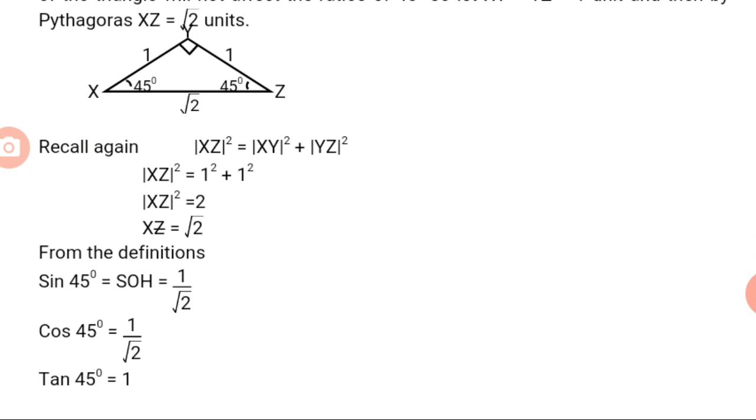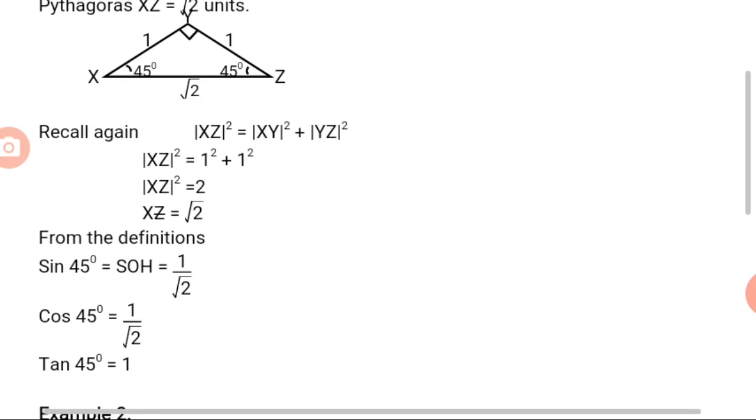The side that is opposite 45 degrees is 1. Is that clear? All over the hypotenuse, and the hypotenuse is root 2. Are we together? Therefore, sine 45 degrees is 1 all over root 2.